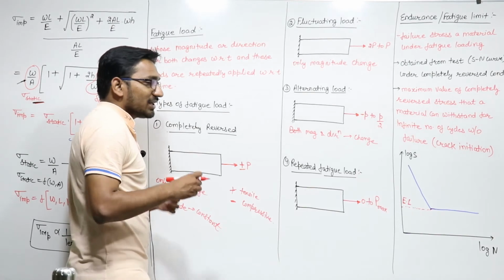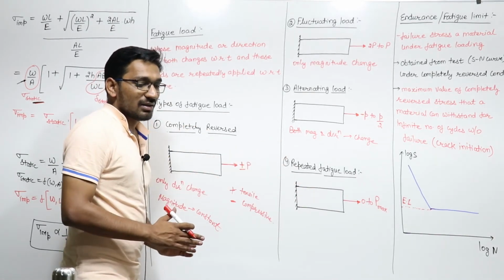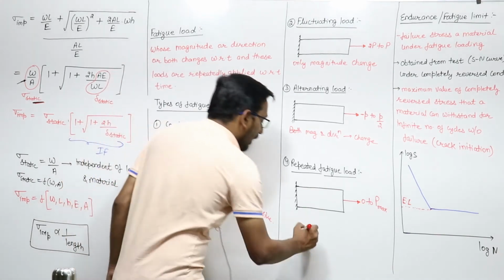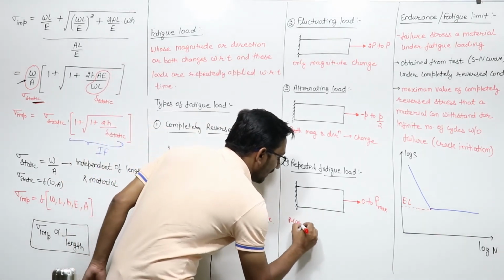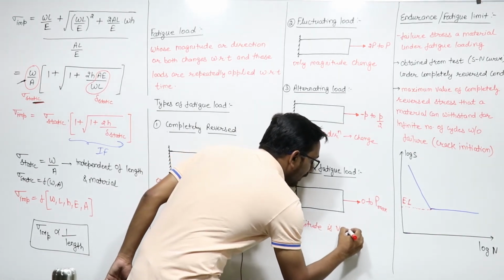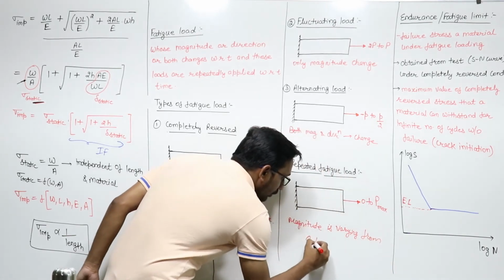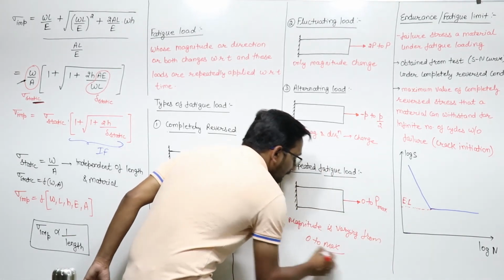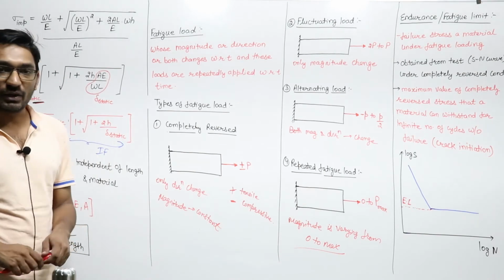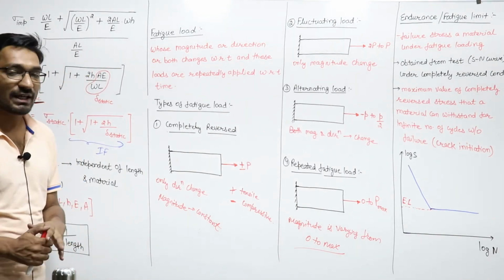The direction will be the same, either tensile or compressive, but the magnitude changes from 0 to maximum value. This type of fatigue loading is known as repeated fatigue loading.